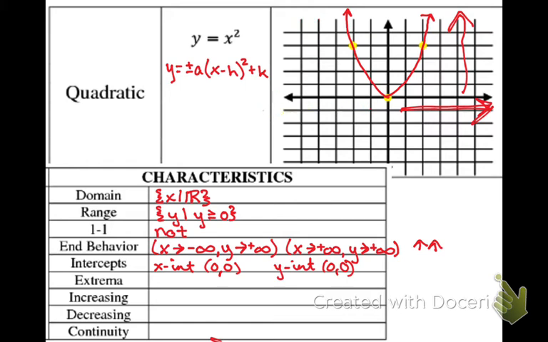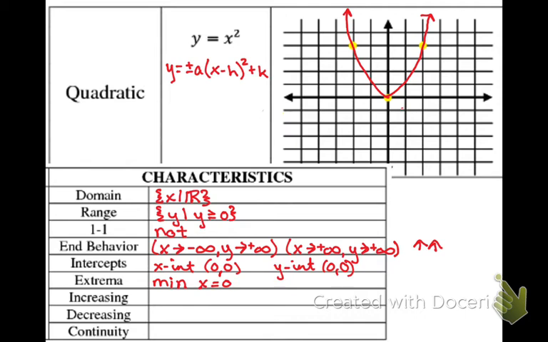Where does it have a min at? 0, 0. So usually when we do minimum, we just say where x equals 0. Because if I know the x, can I always find the y? Yes. When we talk about things like intervals, we state the x's because the y's come along with them.